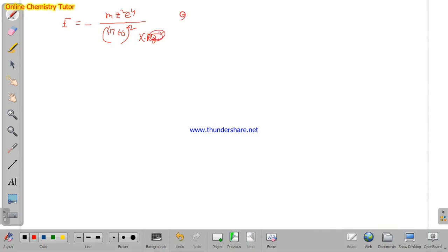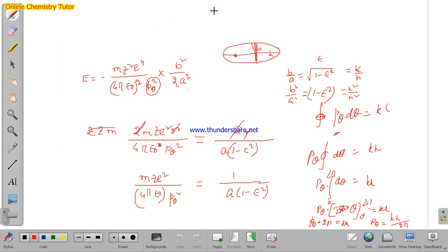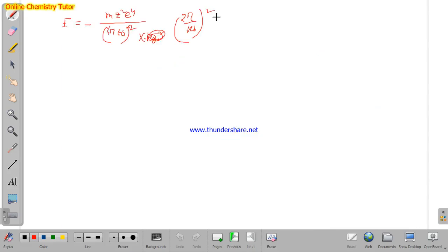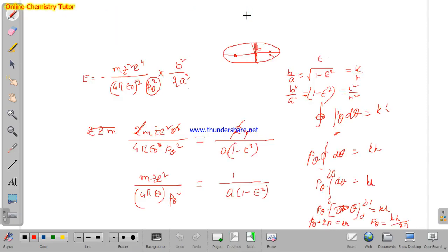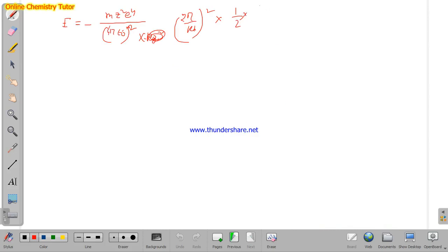So what happens? 2 pi by kh whole square into b square by a square, so half into b square by a square, and b square by a square equal to k square by n square. We are writing here k square by n square.